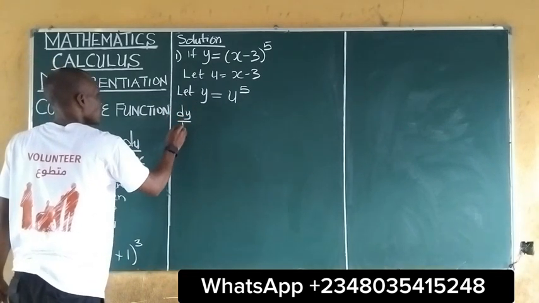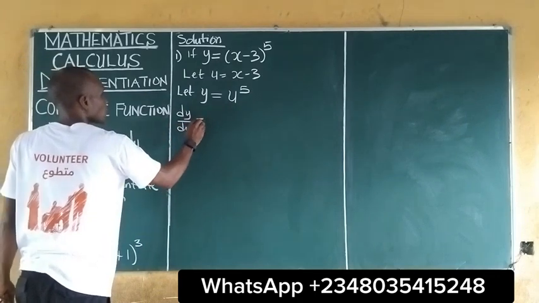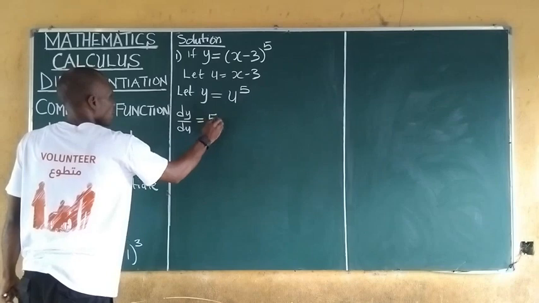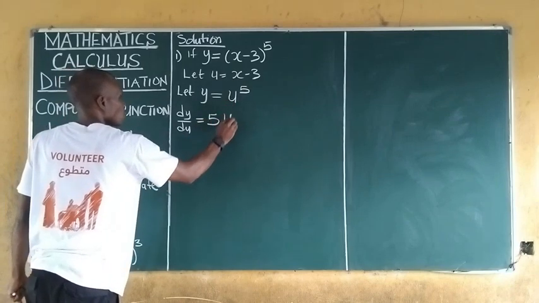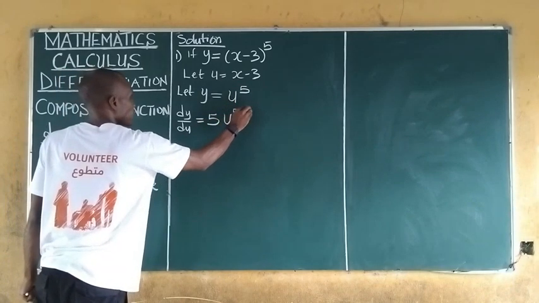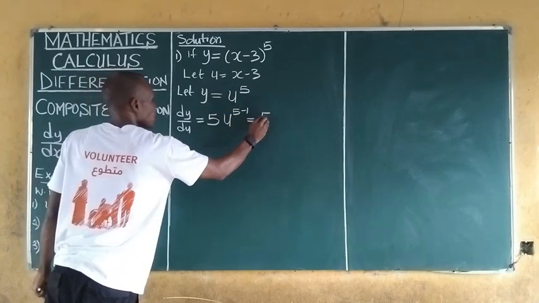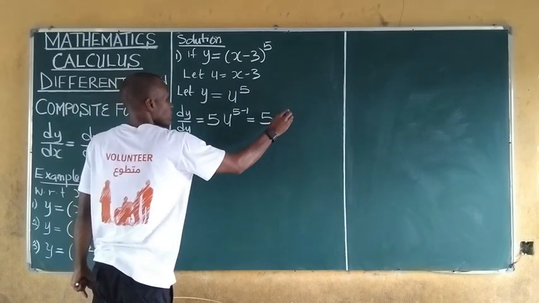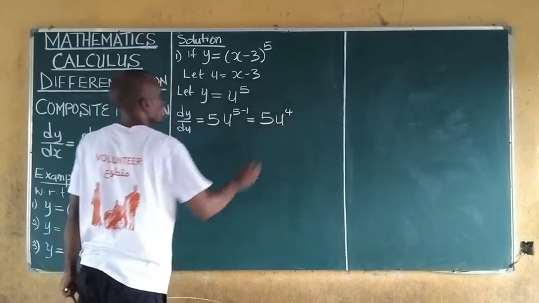dy/du is equal to 5u raised to the power of 5 minus 1, which is equal to 5u raised to the power of 4.